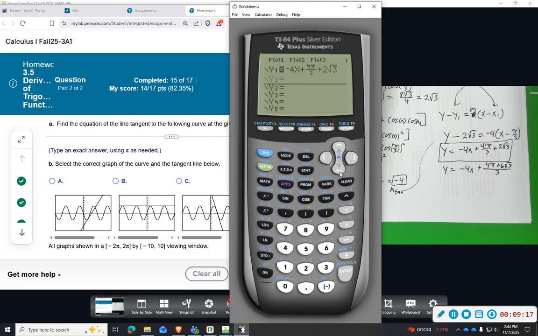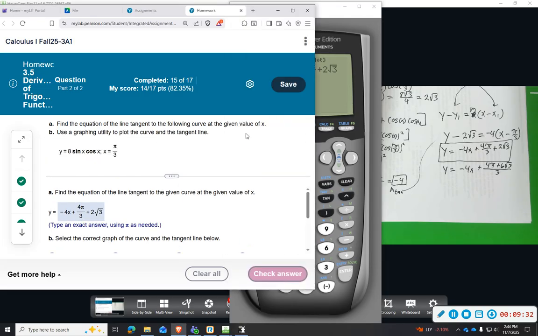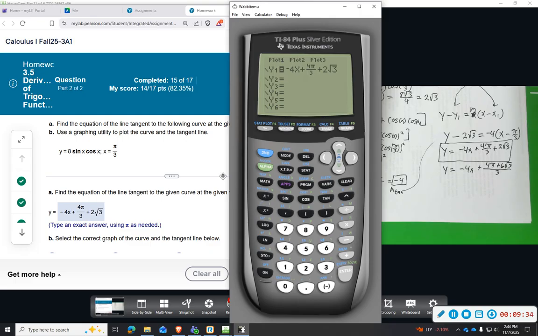And then in y2, I'm going to graph the original equation. So I graphed the tangent line first. I also need to go and get my original function, which I have to pull this down so I can see it. My original function was 8 times sine of x, and then times cosine of x.